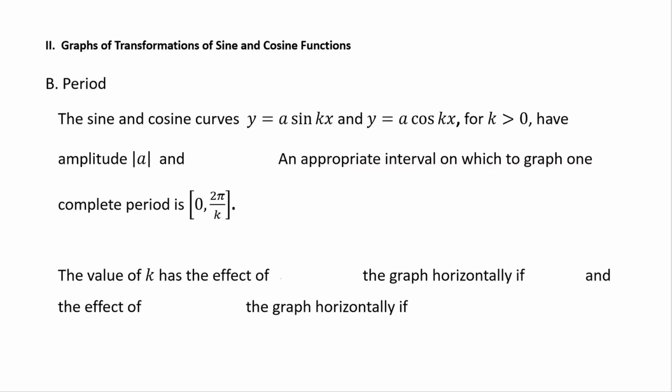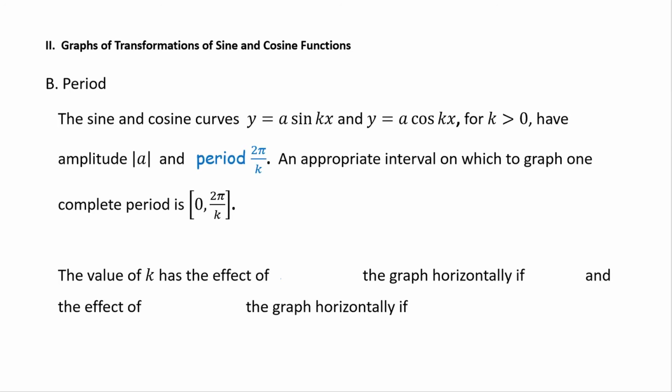Roman numeral 2, graphs of transformations of sine and cosine functions, part B, period. The sine and cosine curves y equals a times the sine of kx and y equals a times the cosine of kx, where k is strictly positive, have amplitude absolute value of a and period 2 pi over k.